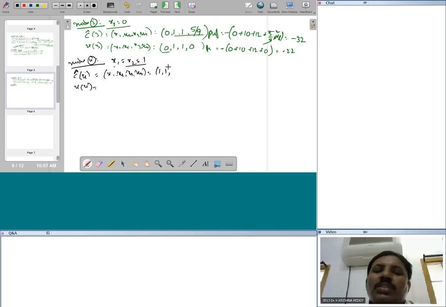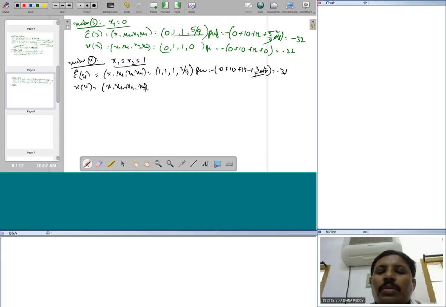Total capacity is 15. Next one 6, 12, 3 by 9, same as the first node. So the profit value is minus of 10 plus 10 plus 12 plus 3 by 9 into 18, which is 6, so minus 38. Similarly, U of 4 is also the same representation.